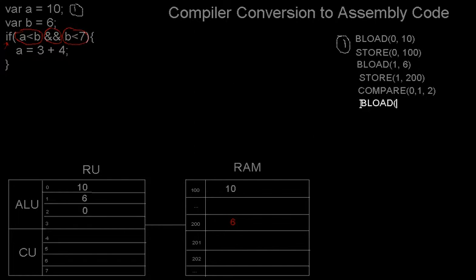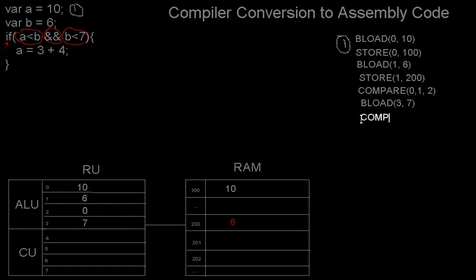So we'll load in register, we're not using 3 yet, so let's use 3. We'll load the number value 7. So when we execute this, we'll end up with the 7 there. Now we have our representation for B and for 7 both in registers, so we can do another comparison.